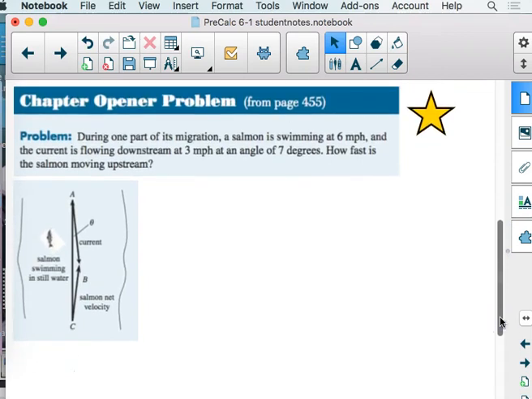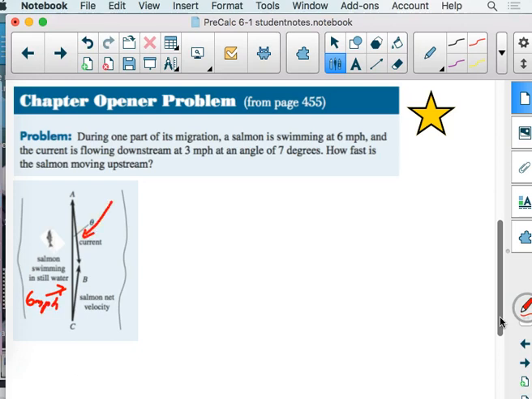During one part of its migration, a salmon is swimming at 6 miles per hour. Okay, here's my salmon. Swimming at 6 miles per hour. And the current is flowing downstream at 3 miles per hour. Okay, I'm going to start putting some of these magnitudes on here. This little guy right here is 6 miles per hour. But the current is fighting the fish at 3 miles per hour at an angle of 7 degrees.